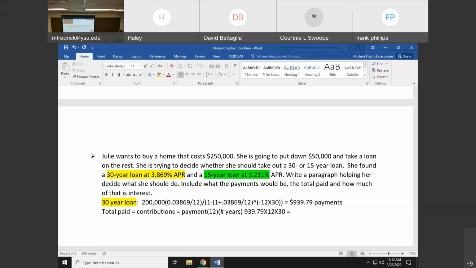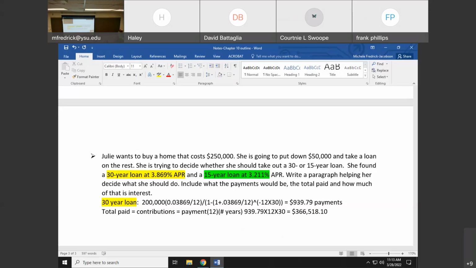Type it. $366,000. Did I type it wrong? 939.79.